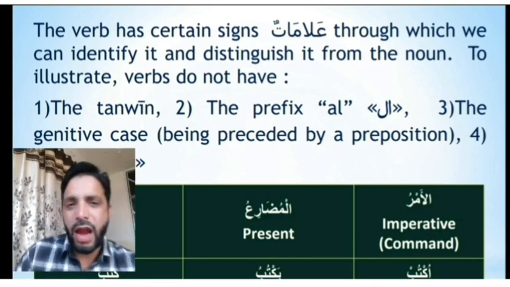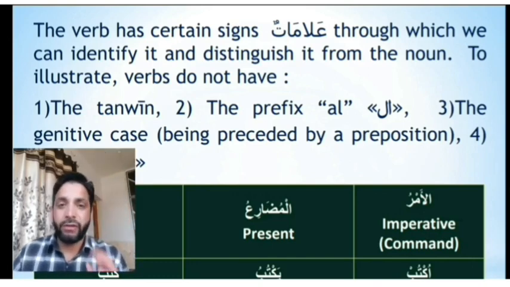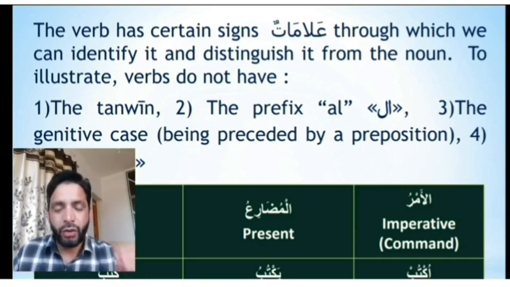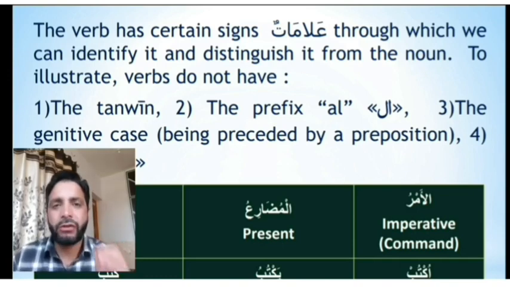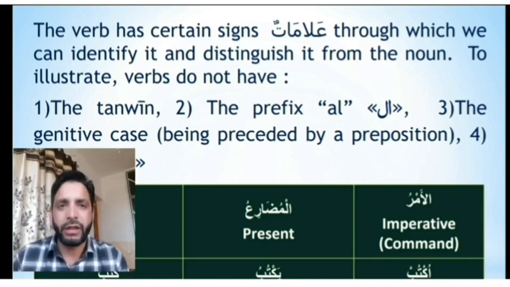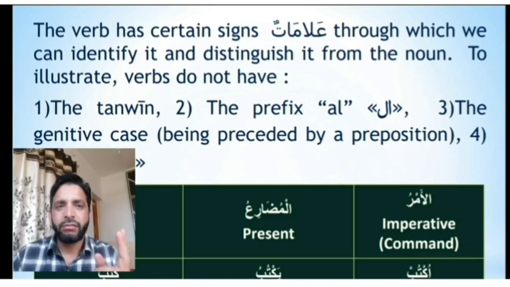You will never ever find tanween on a verb. So this is the first sign that the word is a verb: that you will not find tanween on a verb. So whenever you find tanween on any kalima, on any word, you have to understand this can never be a verb. Second, the prefix of alif lam.